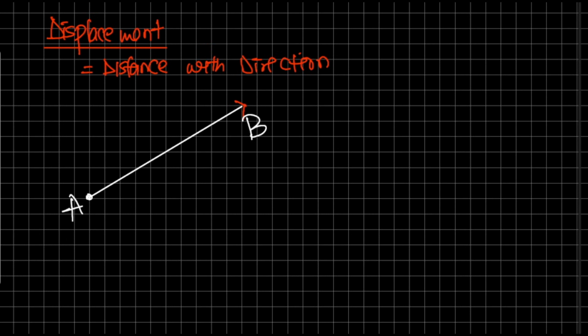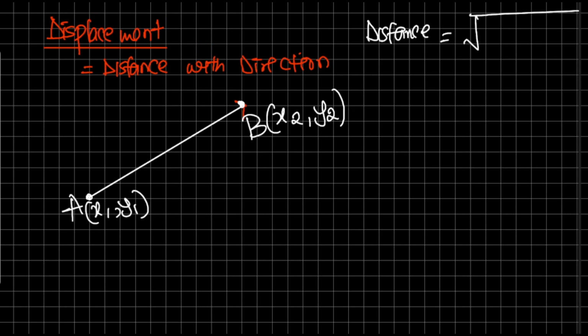If we have A of x1, y1 and B of x2, y2, the distance is given as the square root of (x2 minus x1) squared plus (y2 minus y1) squared. But this is in coordinate form.